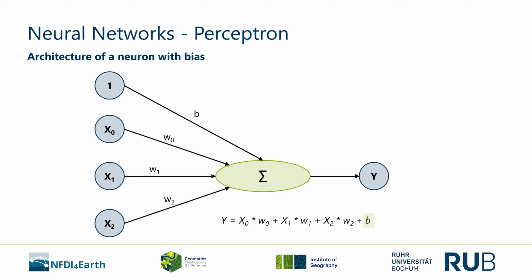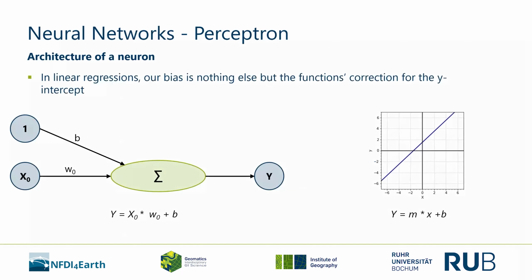What remains is the sum of the multiplications of the previous inputs plus the bias b. Let's simplify this perceptron, leaving only one variable input and the bias. This should remind us of the linear function from school. However, this time it has a y-intercept, allowing the function to be shifted along the y-axis.